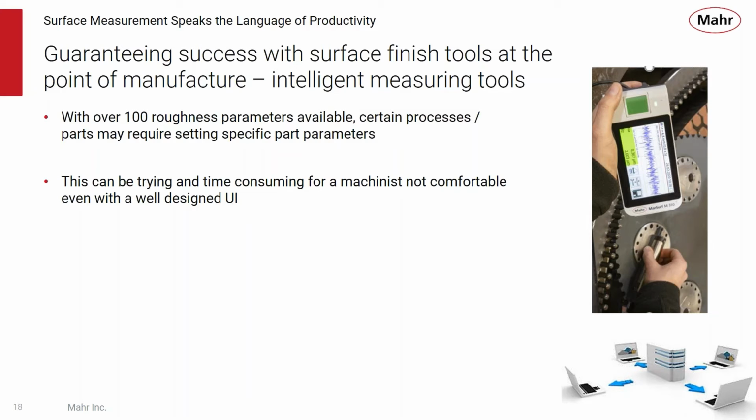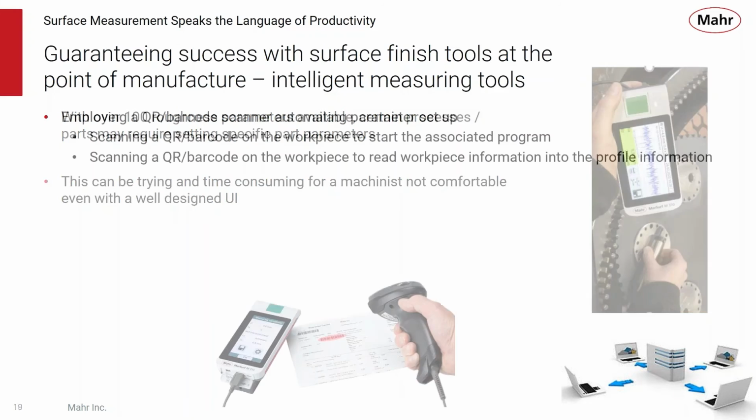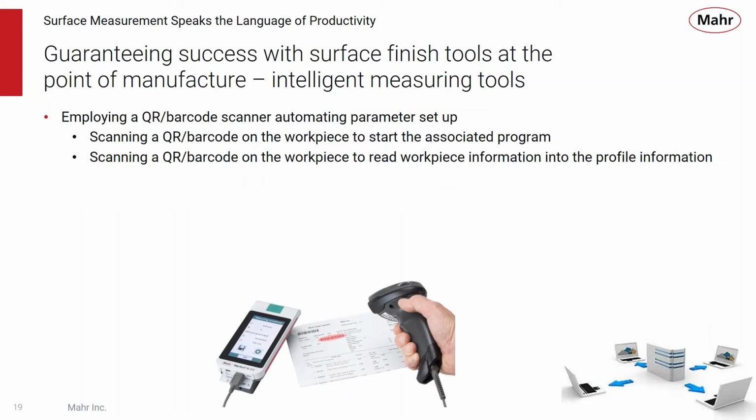So what we try and do is take away that time-consuming process from the machinist and design that using different tools, making that setup parameter easy. One way of doing that is employing a QR or barcode scanner where we can automate parameter setup.